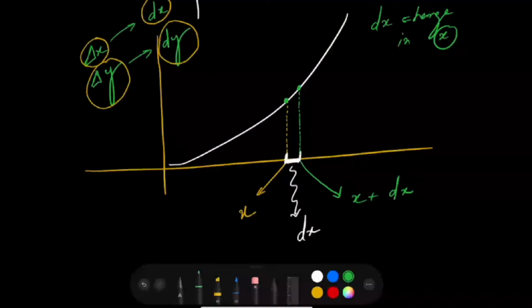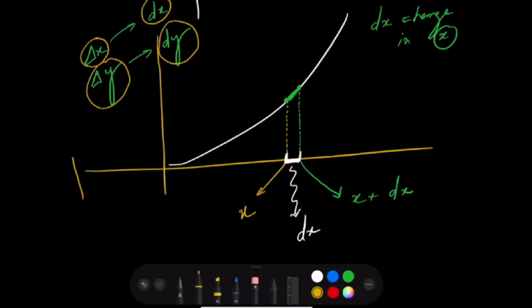Now if you consider 2 points that are very close enough, they will appear almost like a straight line. That means when you look at a small section of a curve, it will almost be a straight line for you. So this green section of the curve can be considered as a straight line. Now for that you can use the formula of slope. What is the formula of slope?